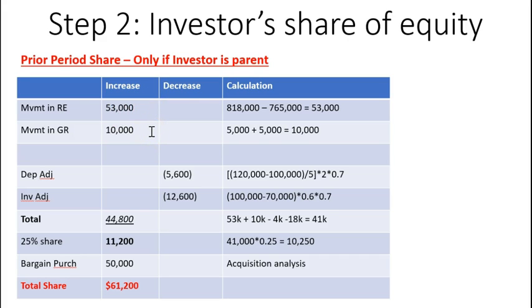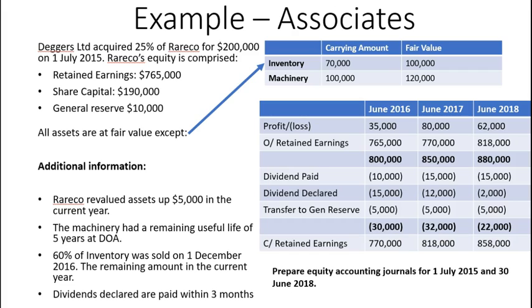Next, we have the movement in general reserve. That's $10,000. If we go back to our financial statements, we can see that in our prior periods we have $5,000 in June 2016 and $5,000 in June 2017. That totals $10,000, which has been transferred from our retained earnings to the general reserve.